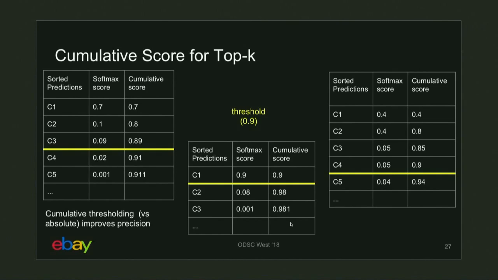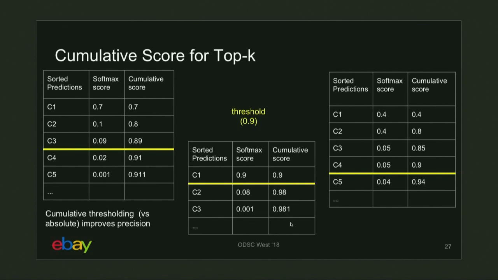I'm going to use a threshold of 0.9, okay? If I were to use top K blindly, I would pick even the category C5, which is 0.1% confidence, right? That actually means the machine is not that confident about this class, but we're still using it for search. So that's not good.